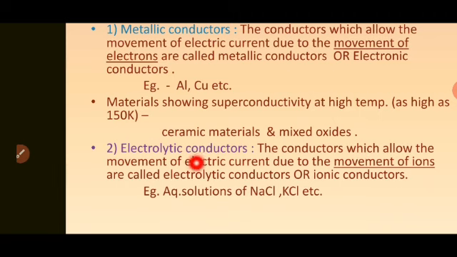Means the substances must decompose into ions, that is cations and anions. Then only it is called an electrolytic conductor. Examples are aqueous solution of NaCl or KCl, even HCl, H2SO4, like this. There are so many examples like this.